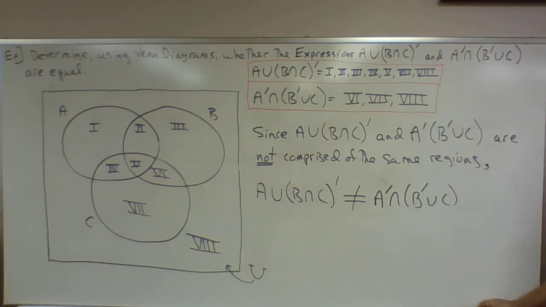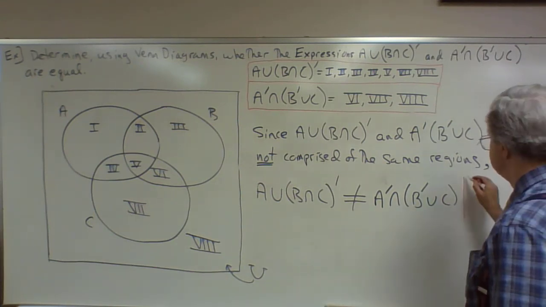And is that what I meant to write? Yes. A union the complement of B intersect C is not equal to A complement intersect B complement union C. So that is our result.